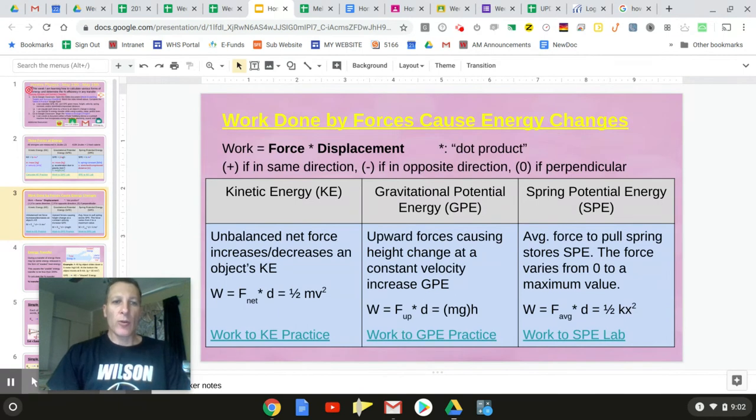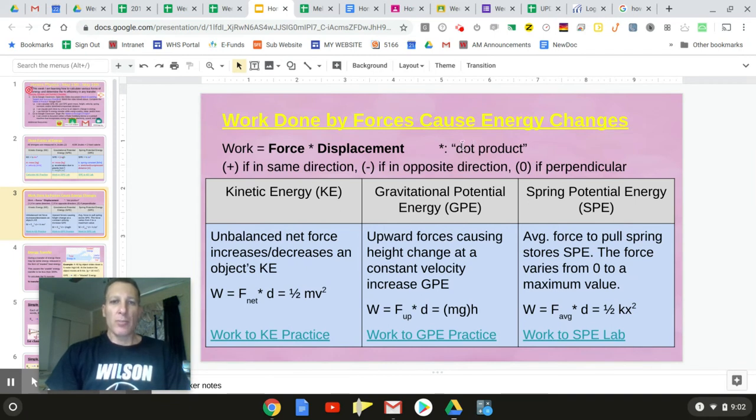Now, whenever forces are applied to objects, they do work, okay? And work is the product of force and displacement. Force and displacement are vectors. Notice they are bold-faced here, all right? We're not going to go too deep into the math here, but this multiplication is what's called a dot product.